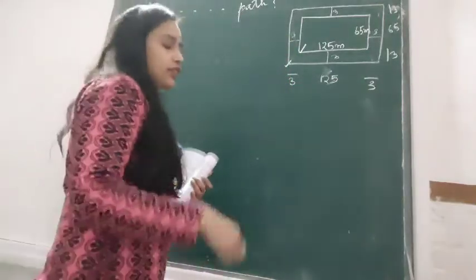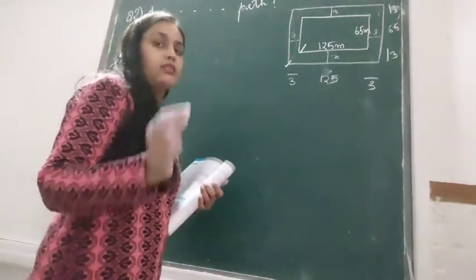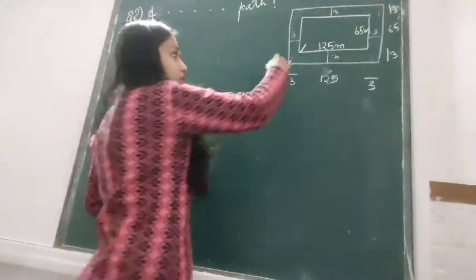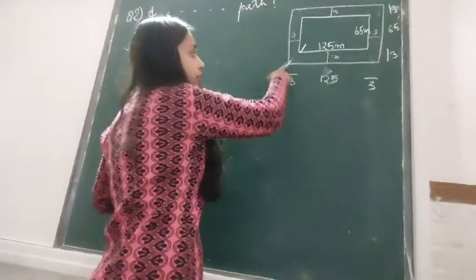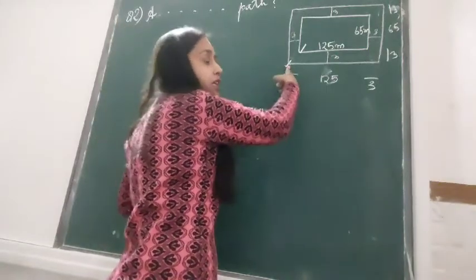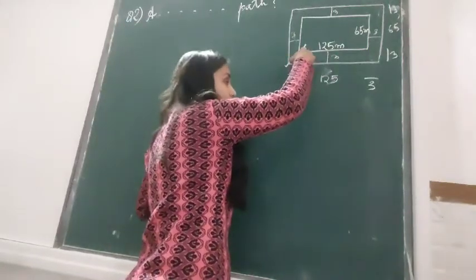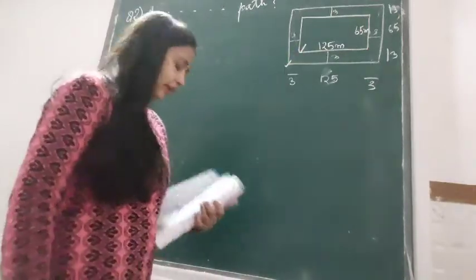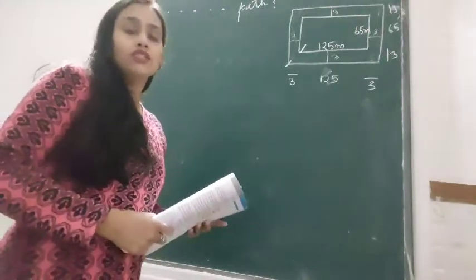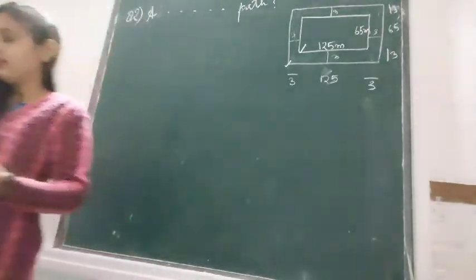Okay, that means subtract the 2 areas of the rectangles. So what we will do, since we need to find out this area, for that we will find out the area of the outer rectangle, then we will find out the area of the inner rectangle, and then we are going to subtract the two areas, just like question number 1.